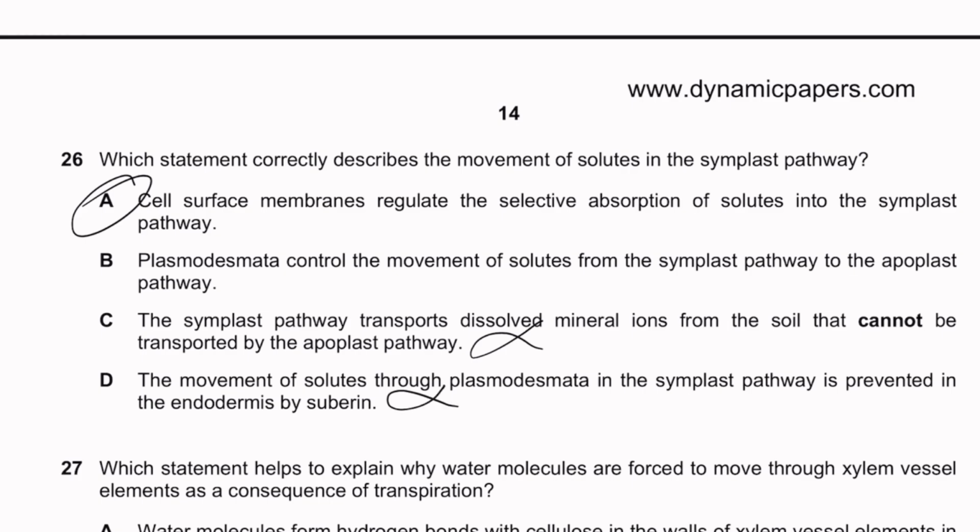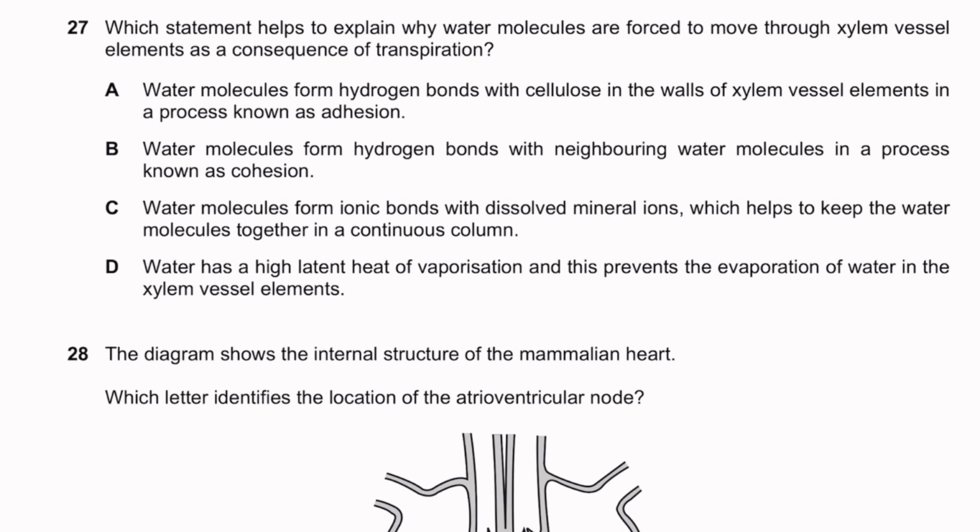So I would say this is wrong. Which statements help to explain why water molecules are forced to move through xylem vessel elements as a consequence of transpiration? Okay, water molecules form hydrogen bonds with cellulose in the walls of the xylem vessel elements in a process known as adhesion. Now, the formation of hydrogen bonds with the walls because of adhesion is really not the reason that water molecules are going to move through the xylem vessels.